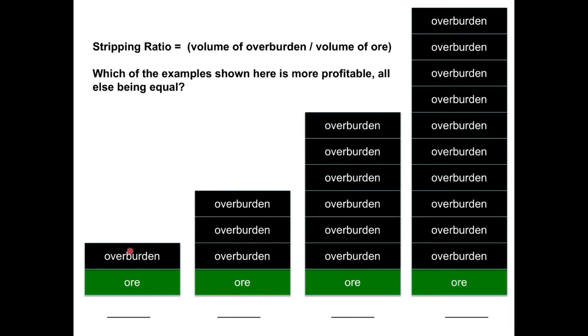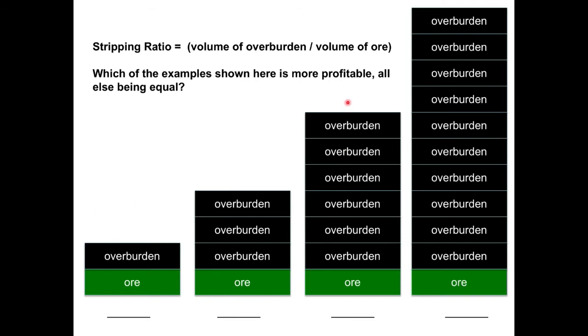And that's because in order to extract the ore body here on the left side of the screen, we also have to extract an equal amount of overburden, but the ratio is 1 to 1. Notice as we move to the ore body here, we're extracting the same volume of ore that we did in the case on the left, but we're extracting 3 times as much overburden as ore.